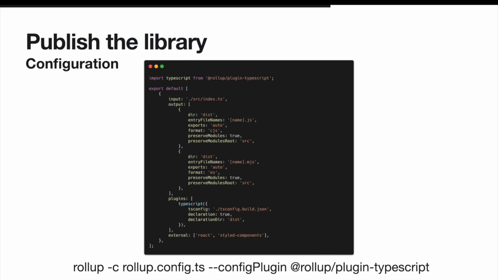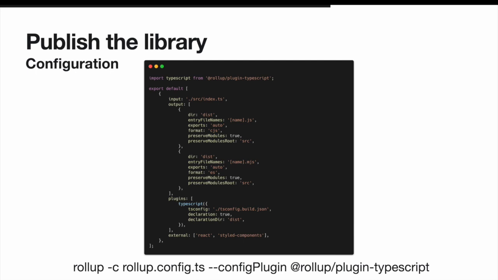Then I specify that as output, I want two kinds of format, the CommonJS format and the ES module. And in the plugins, because I'm using TypeScript, I'm using the TypeScript plugin with the path to my tsconfig.build.json. I want the types, and I'm also specifying that the type directory is the same directory. And the last piece, the external array, here I have React and styled-components.